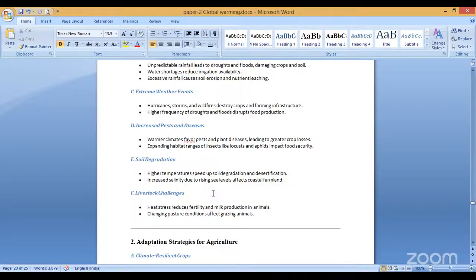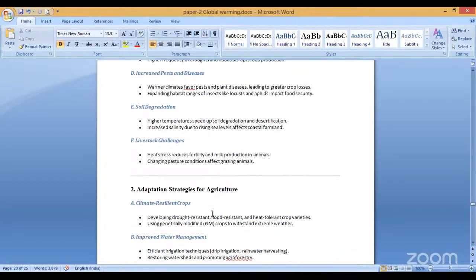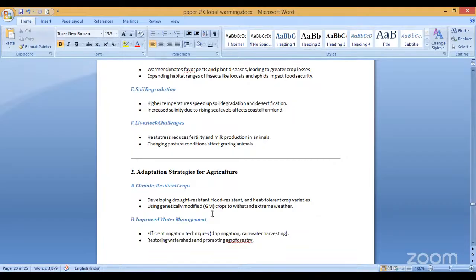That process is known as desertification. Increased salinity due to the rising sea level affects coastal farmland. Livestock changes: heat stress reduces fertility and milk production in animals. Changing pasture conditions also affect grazing of animals.